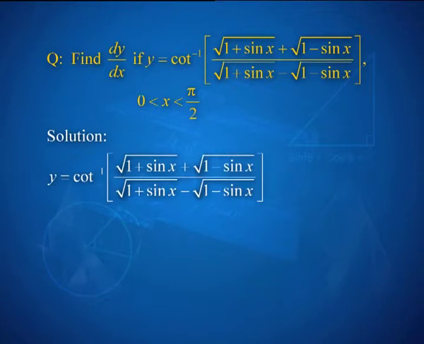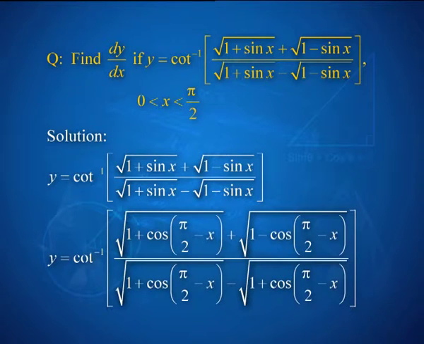Start with y, which is cot inverse root 1 plus sin x plus root 1 minus sin x upon root 1 plus sin x minus root of 1 minus sin x. What can we do? I can write that sin x as cos pi by 2 minus x all across. Why would one do that?